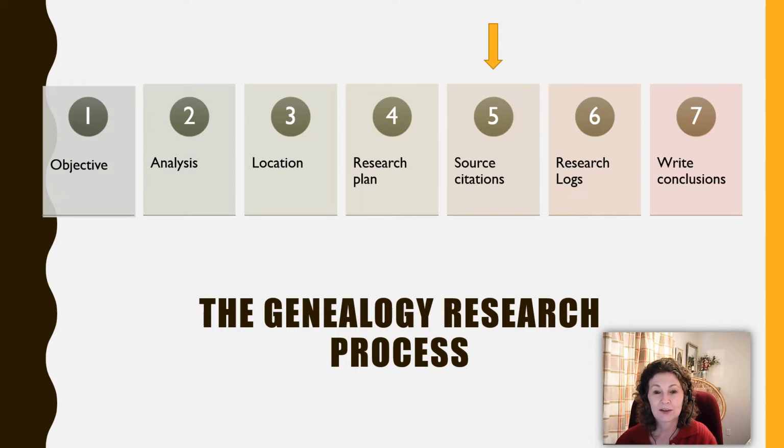We want to create those source citations the first time we look at the sources, so when we come to writing our conclusions or sharing our research, we have a source citation to back up everything we've learned about our people and to provide some proof of our work, which is what we all want, right?